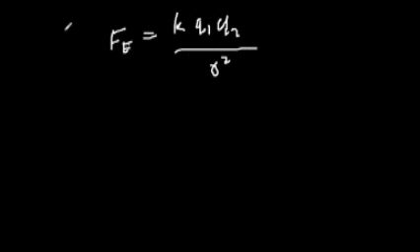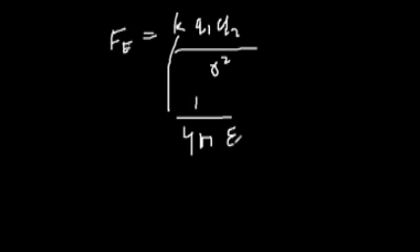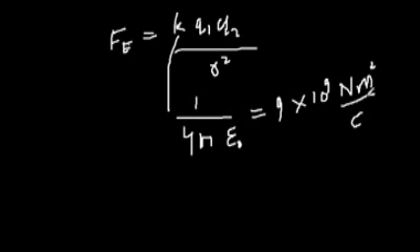Anyhow, you have to just give your distance here. This K is a constant called Coulomb's constant, and it is 1 upon 4 pi epsilon naught, where epsilon naught is electrical permittivity. You will study about it later. It is an easy thing. The value of K is 9 into 10 to the power 9 newton meter square per Coulomb square.